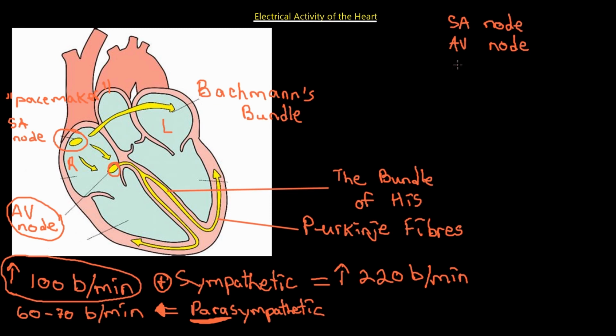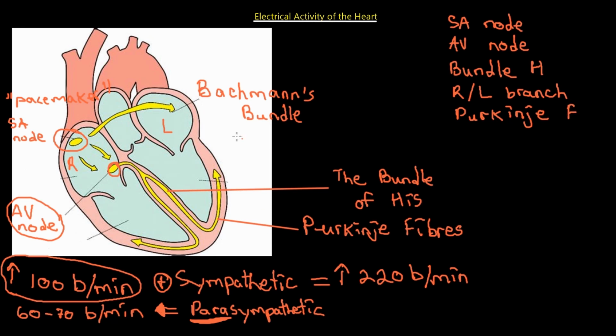Next, the stimulus is going to move over to bundle of His. Then it's going to branch off to the right and the left branch of bundle of His, and it's finally going to arrive at the Purkinje fibers. And the Purkinje fibers will then stimulate ventricular contraction.